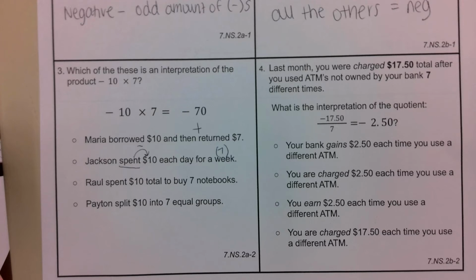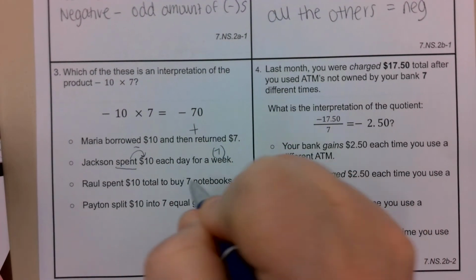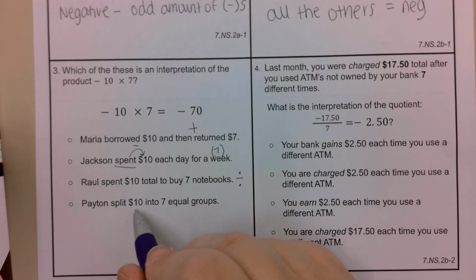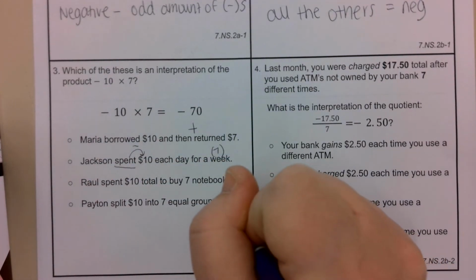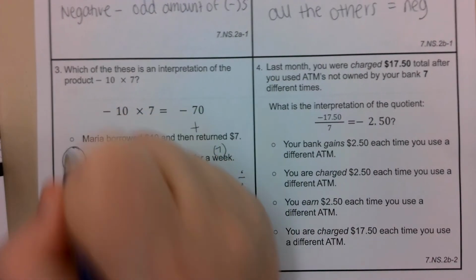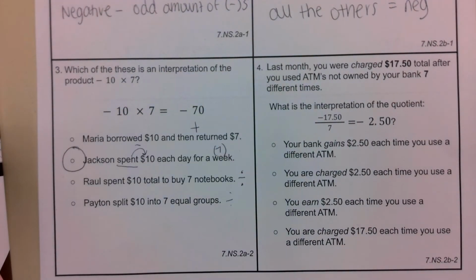Raul spent $10 to buy 7 notebooks. So we would have to divide for that one because we want to find out how much he spent on 1 notebook. And finally, Peyton split $10 into 7 equal groups. Well, this would be a positive 10, so I know that's wrong, and it's also division. So our correct answer was Jackson. Hopefully you got that right.